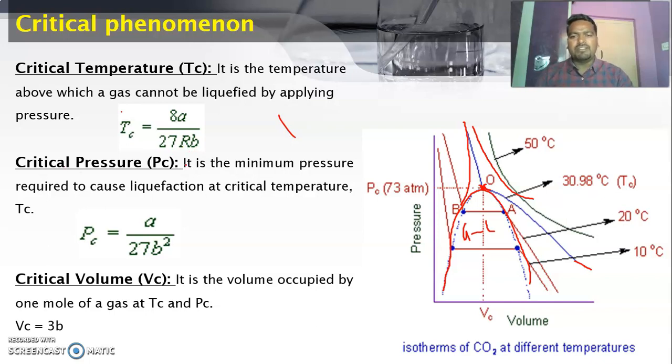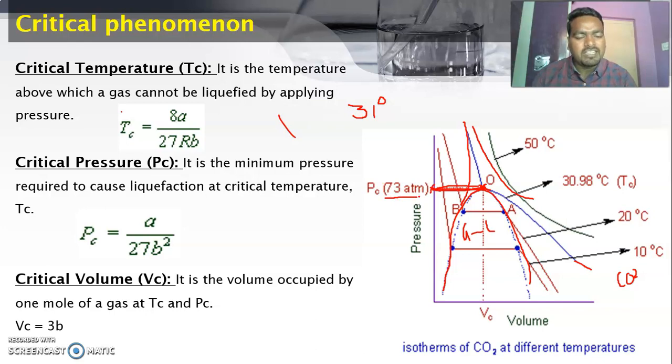Critical pressure is the minimum amount of pressure required to cause liquefaction at the critical temperature. For example, if you take carbon dioxide gas, the critical temperature is 31 degrees Celsius, and the corresponding pressure at this temperature is 73 atmospheres.